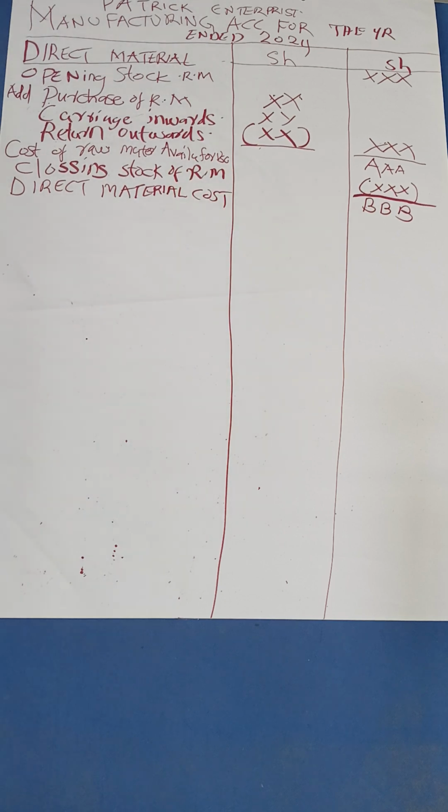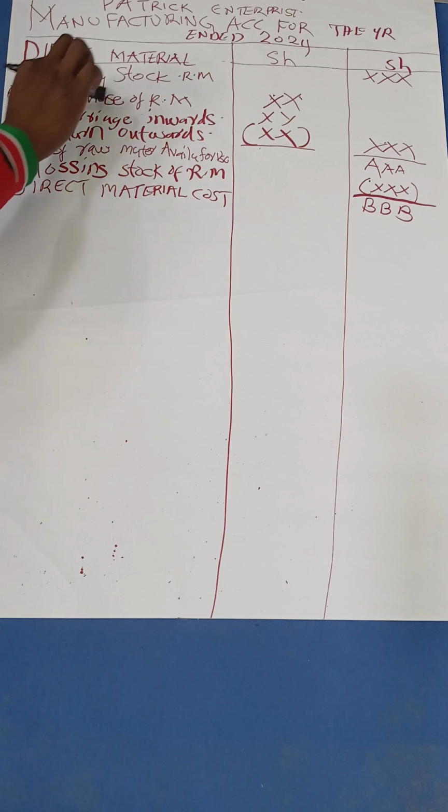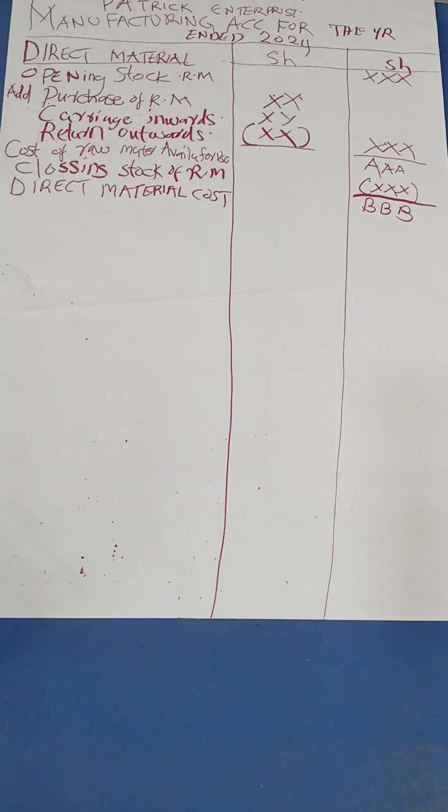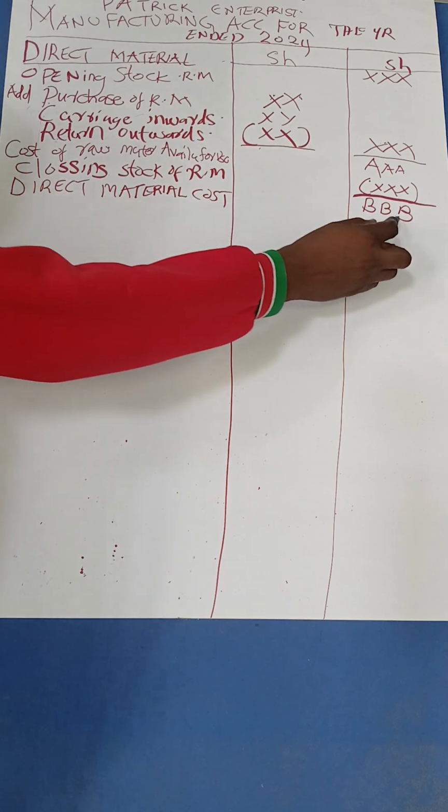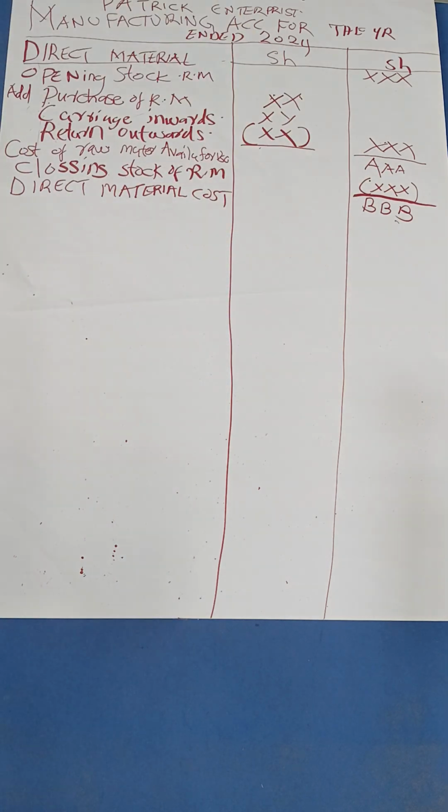So you have seen, I told you there is a procedure or a process we will have to go through so that we can arrive at direct material cost. So just have this format and you'll be good to go. Very easy. So this is the direct cost that we incurred in producing these goods. We can account and say this is the direct cost.